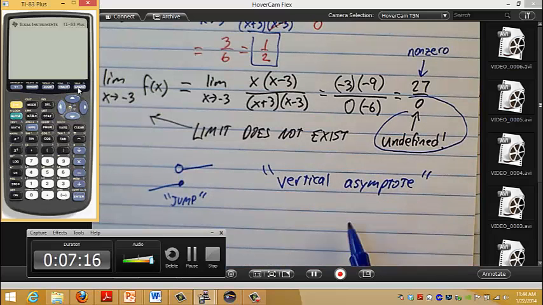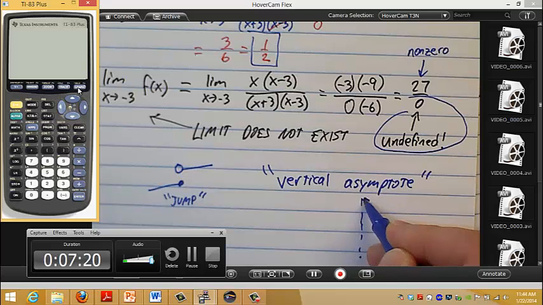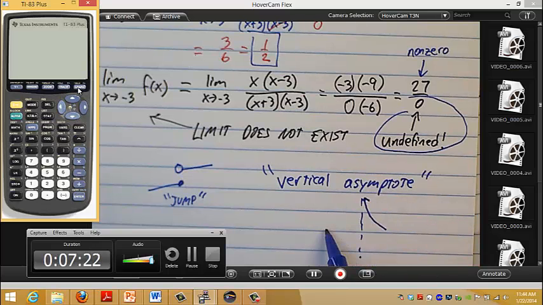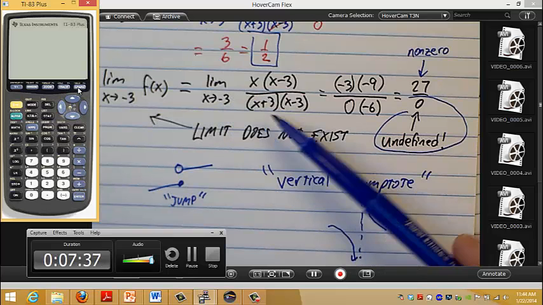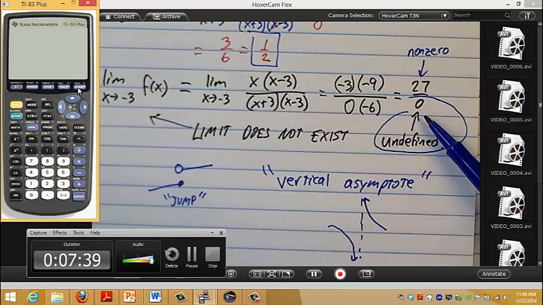An asymptote is where either the values grow without bound or they decrease without bound, and it kind of depends which side you're on sometimes, right? So those are different. But what I'm telling you is try this substitution principle. Take that a and plug it in, and if you get a 0 in the denominator but you get something non-zero in the numerator, look for this, okay? You have an asymptote.